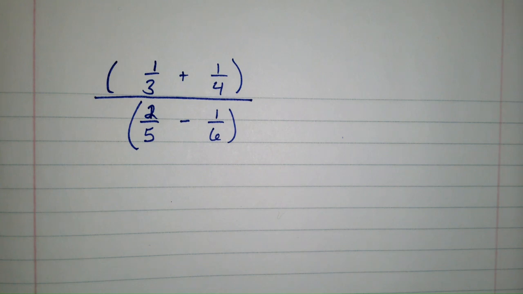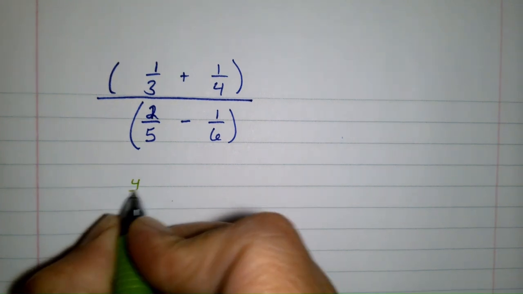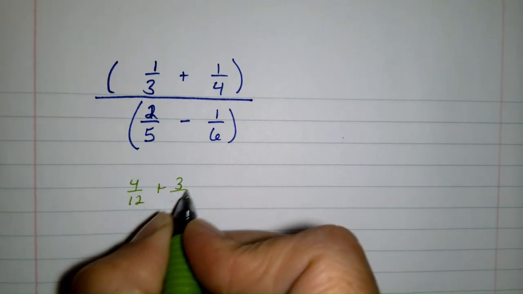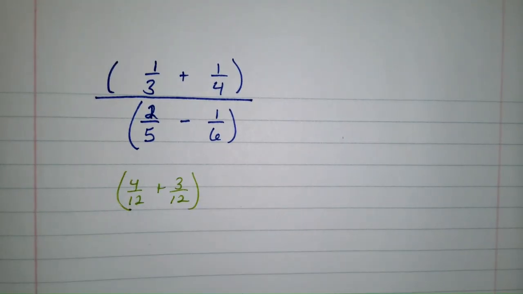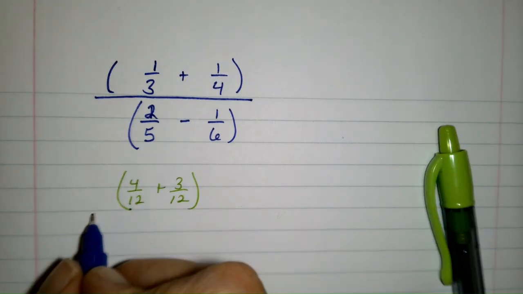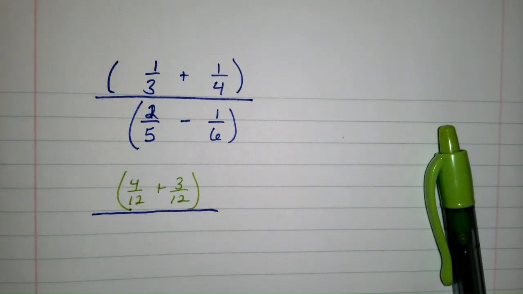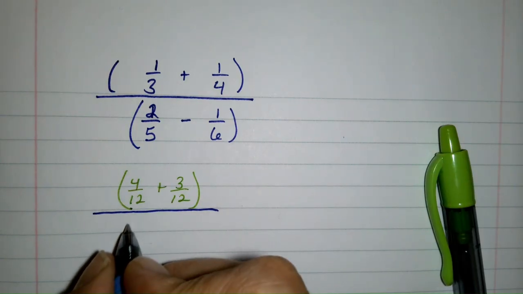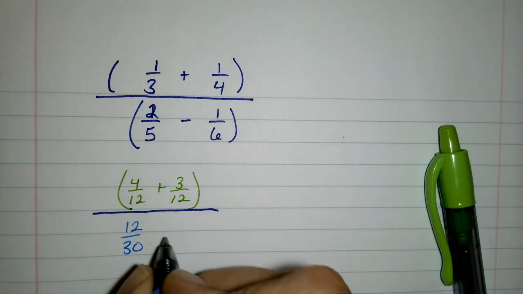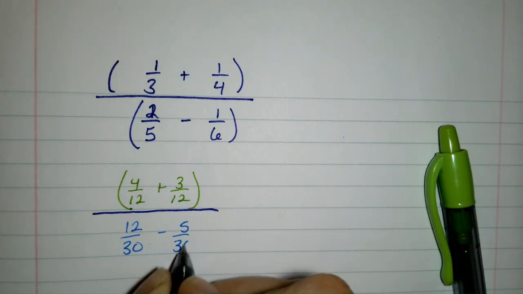All right, well, first of all, 1/3 plus 1/4. Okay, they have a common denominator of 12. So 4 12ths plus 3 12ths. 5 and 6 have a common denominator of 30. So 12 over 30 minus 5 over 30.